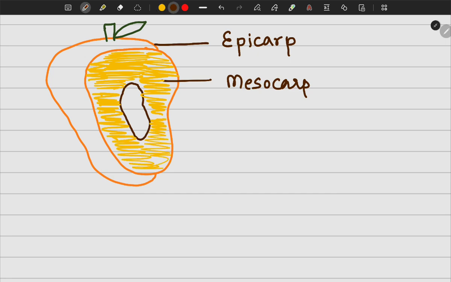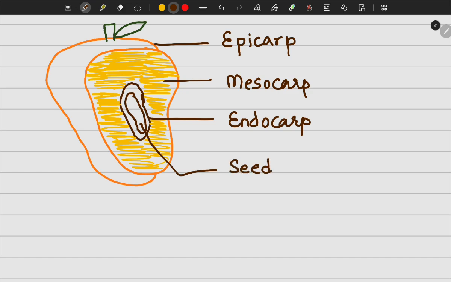And the inner part is the hard stony endocarp. The endocarp is not the seed. The seed is found inside the endocarp. We usually believe that the endocarp is the seed, but that is not true. If we break the endocarp, we find the seed of the mango. So this is how the three layers are differentiated in mango.